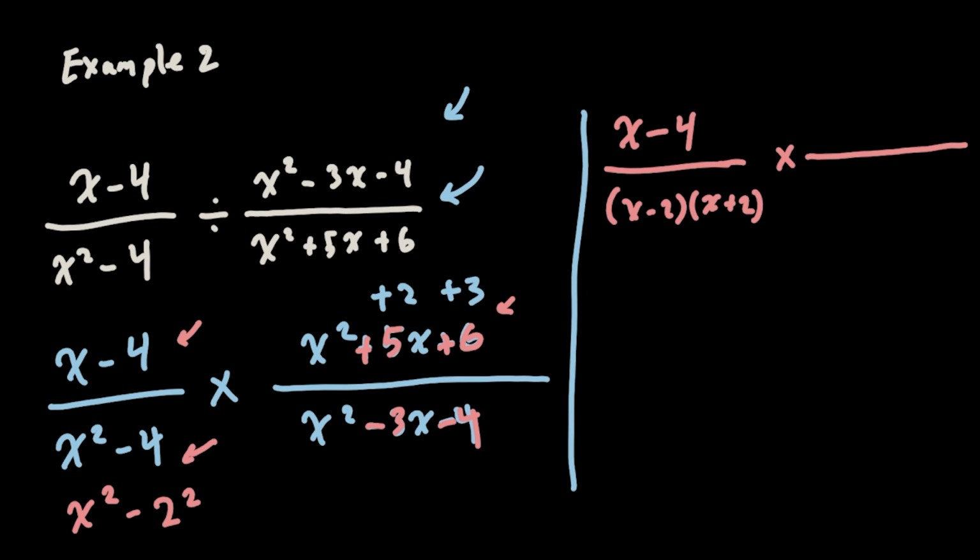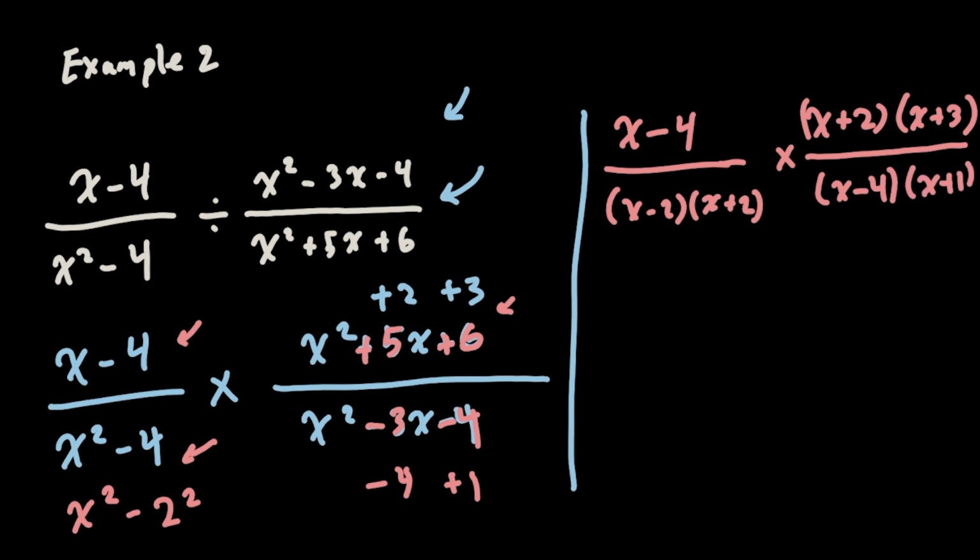So the two numbers are minus 4 and plus 1. Okay, so let's move here. We'll write x plus 2 multiplied by x plus 3, and here x minus 4 multiplied by x plus 1.